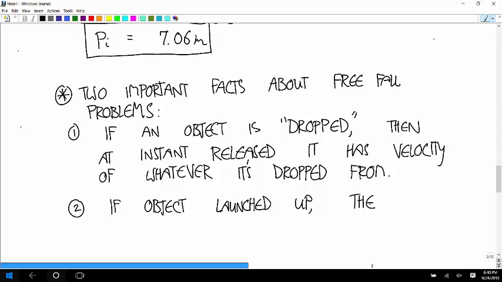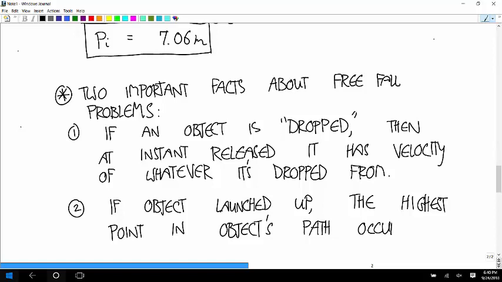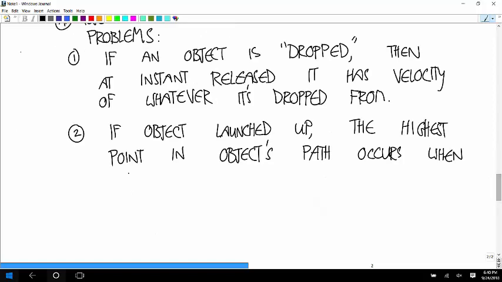So if that happens, the highest point in the object's path occurs when its velocity is equal to zero. Okay, so you can always use that to specify when an object gets to its highest point.